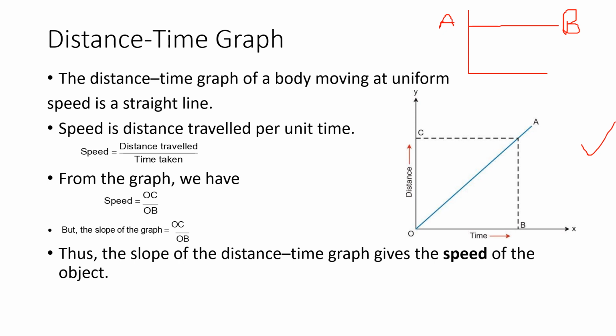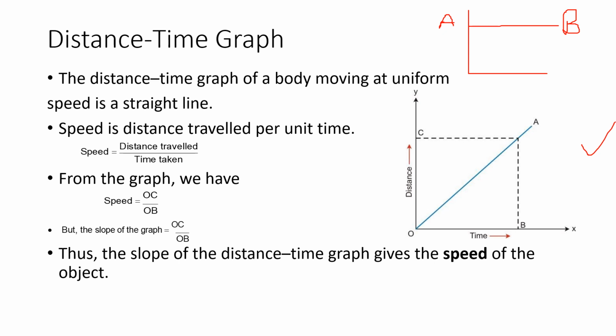How can we find the slope of this graph? The slope of this graph is equal to the perpendicular height, that is OC, divided by the base OB, and OC is equal to AB.